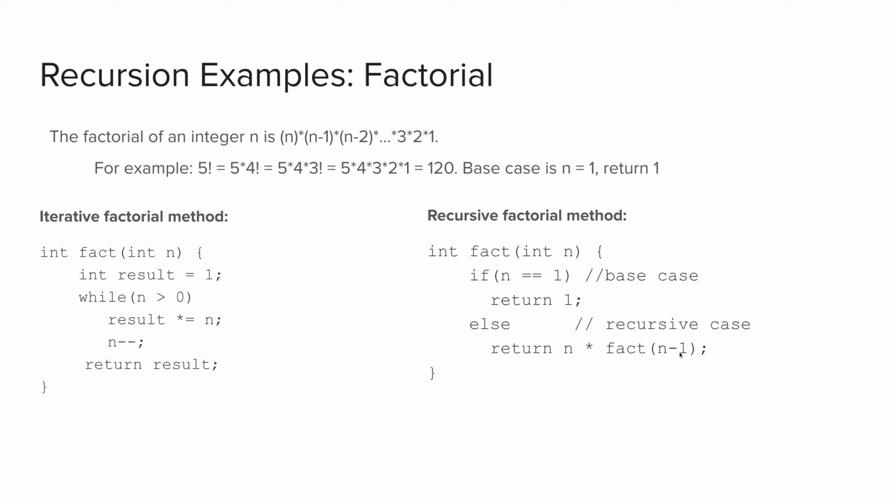Then we put our faith into this, assuming that we'll eventually know what factorial n minus 1 is, and once we know that, we can multiply it by the original n and return. One benefit is that you almost never need to redefine a local variable, so you avoid defining local variables or constructing complicated loop structures. Generally, there's no loop in recursive functions.